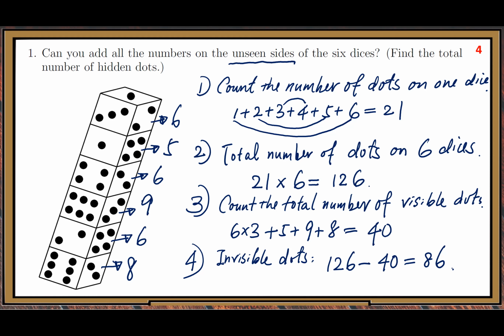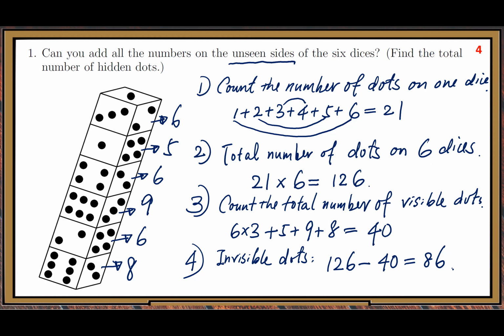Here, let me describe it. Several of you gave descriptions very close to it, but you're still not hitting the right point. Here, we talk about property. What is the relationship between visible dots and invisible dots?